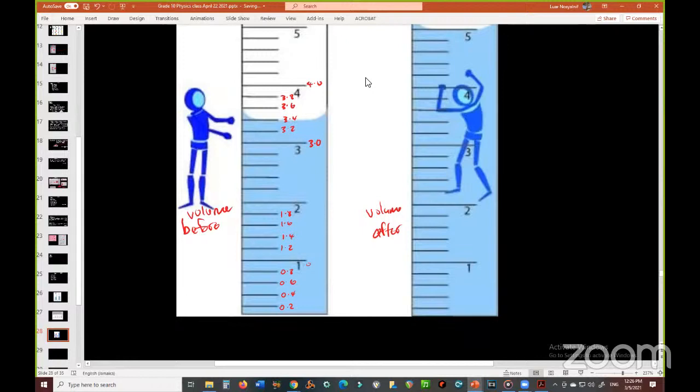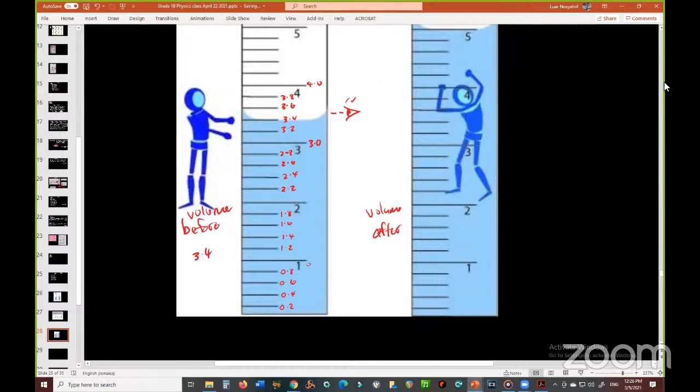Every mark is separated by equal amounts. Here's 2.2, this is 2.4, 2.6, 2.8, and then that's it. So you know that when you're using a measuring cylinder, you read at the eye level, and the reading is in line there. So the reading here is actually 3.4.